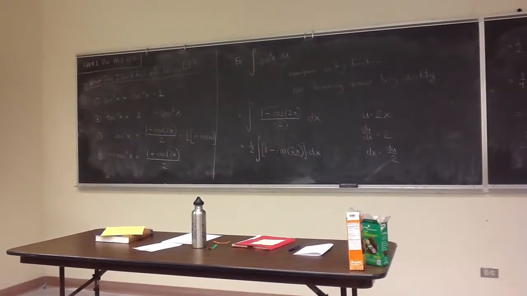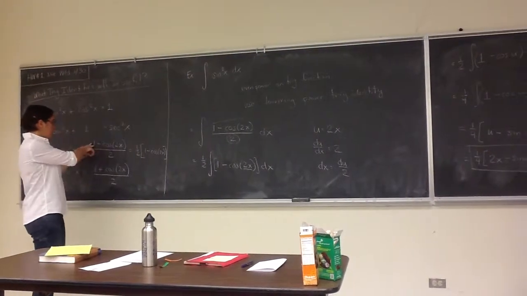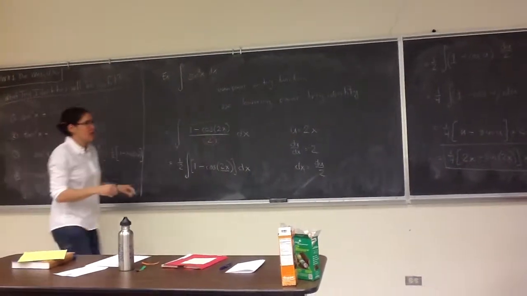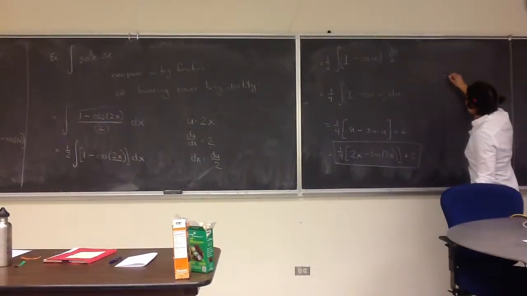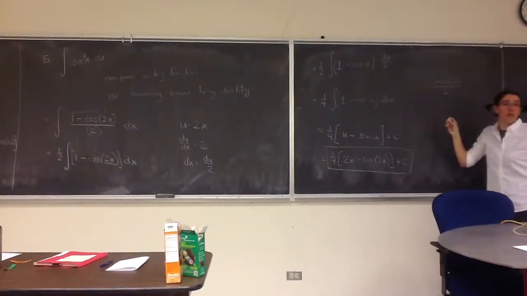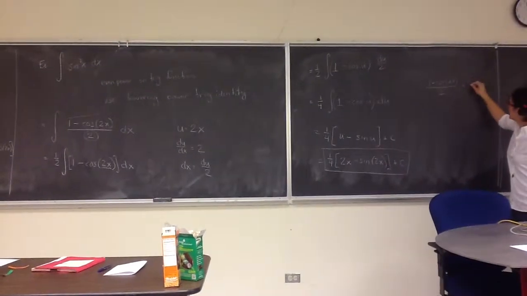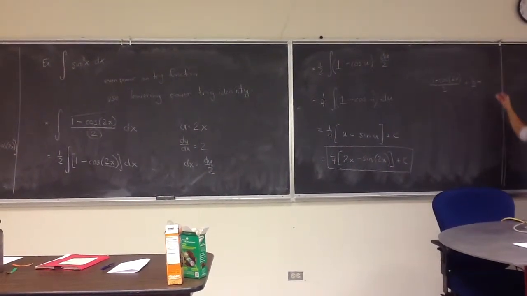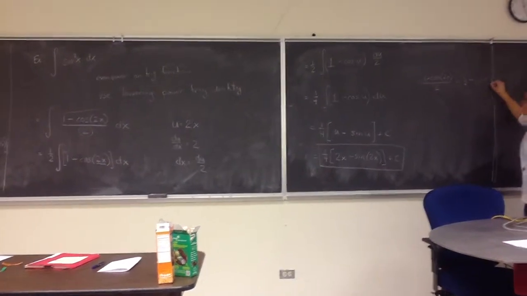Maybe another way to see that part is, if I have 1 minus cosine of 2x over 2, when I divide the 2 into each term, then I have 1/2 minus 1/2 cosine of 2x.